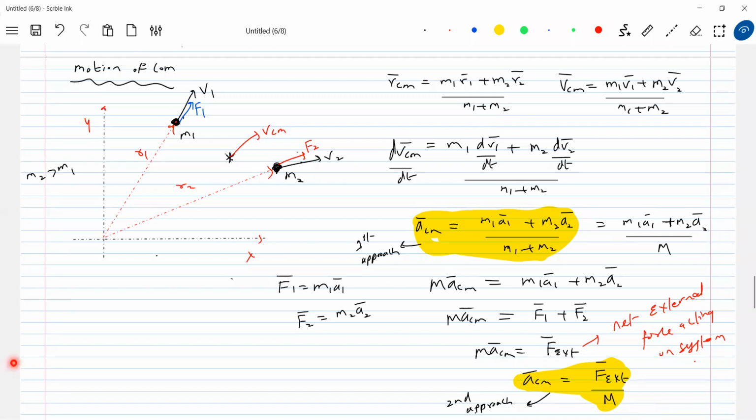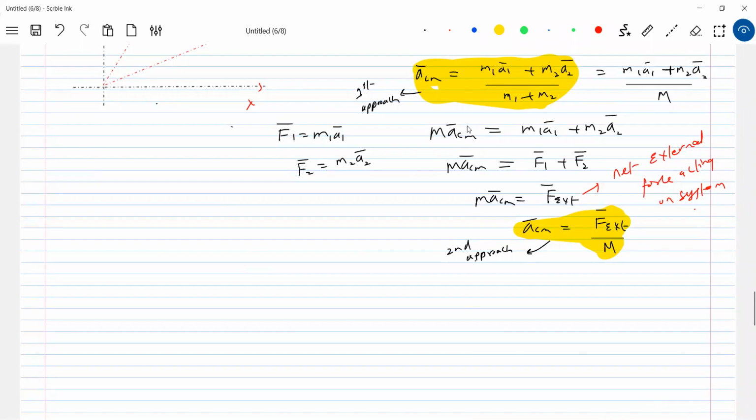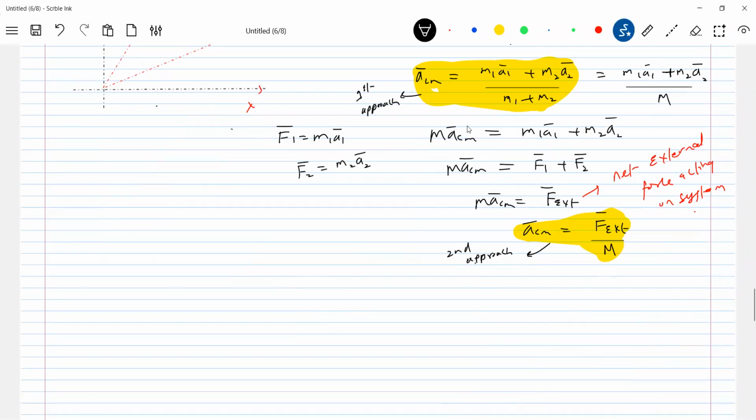Next again, what are the things? Suppose net external force acting on system is 0. These are the numericals. Newton's laws only, we are exclusively writing in some systematic order here. If net external force acting on system is 0, and if center of mass, I'll write COM, is at rest, what will happen to center of mass?